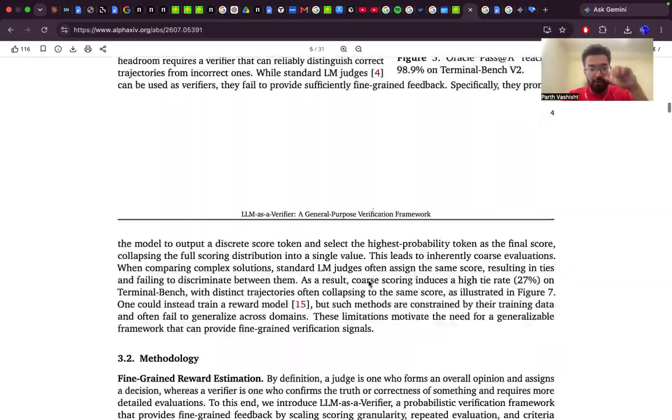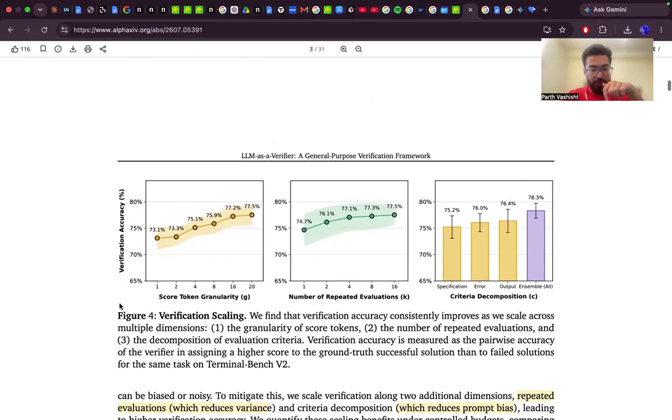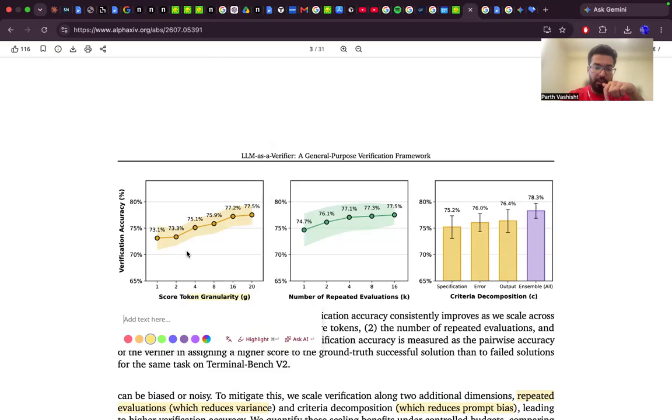I think this was probably this curve. Yeah, figure 4. As we increase the token granularity to 20 tokens, we see a uniform increase, or well, sort of uniform.